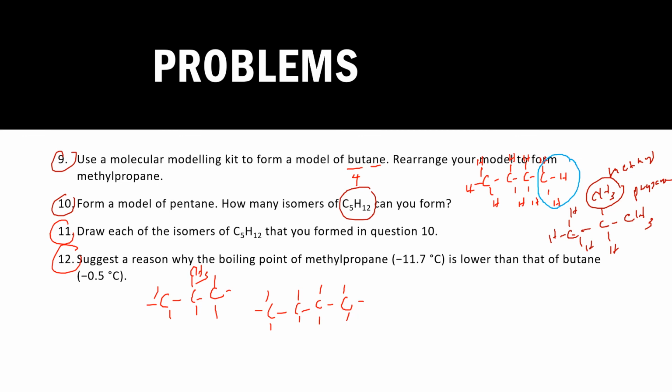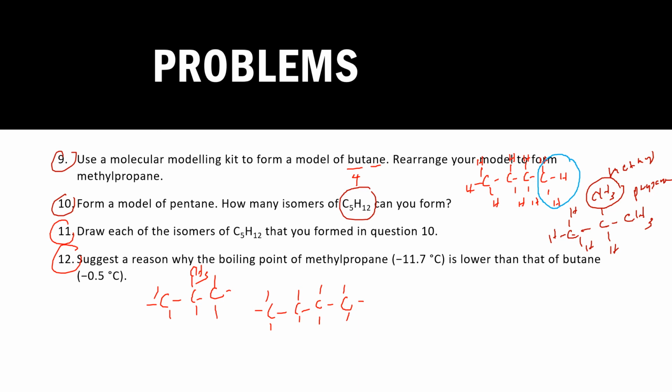One thing: methylbutane has a higher melting point and boiling point because its number of carbons is higher than methylpropane.